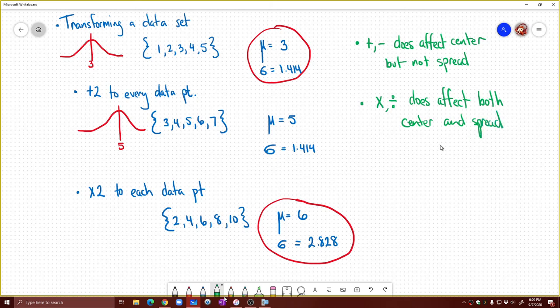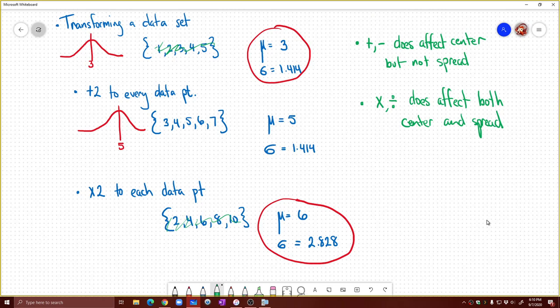Okay, so now we can see, and if we know about what we just saw here with these effects, I really don't need to know the original data set. If I have the original statistics and I know the transformation that has occurred, I can now know what the new statistics are going to be without having to recalculate the entire statistics and get that new data set.